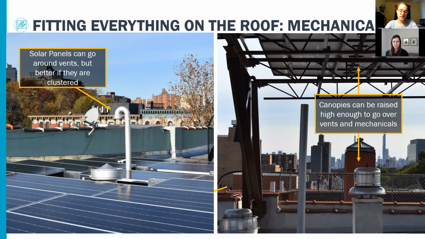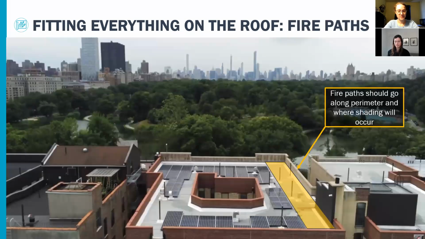However, if it's possible to cluster them as much as possible, that's always the best thing, because as you can see, a single pipe vent would take out an entire solar panel. So if you can have 3 in one space, then that would make more efficient use. And as I said, the fire paths that go along the perimeter or along areas that are already shaded are the most efficient use of space.